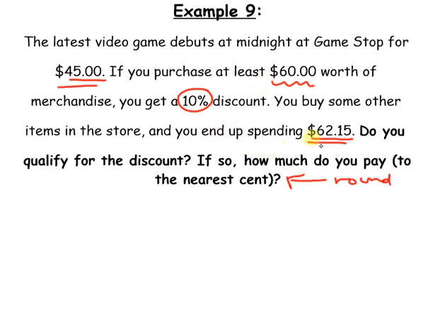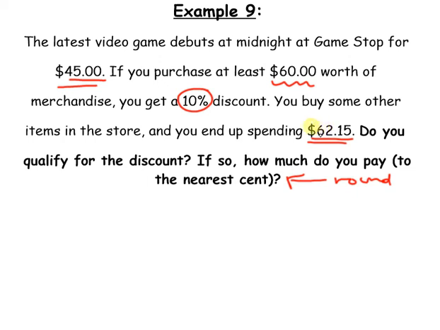But you end up spending $62.15. This is the important number. It doesn't matter how much the video game costs. It doesn't matter how much you need to purchase. Well, it kind of does for the first question, so I take that back. But the biggest number that matters is this 62.15 because that's where the discount's going to come out of.